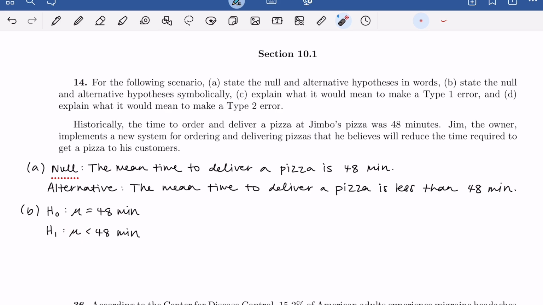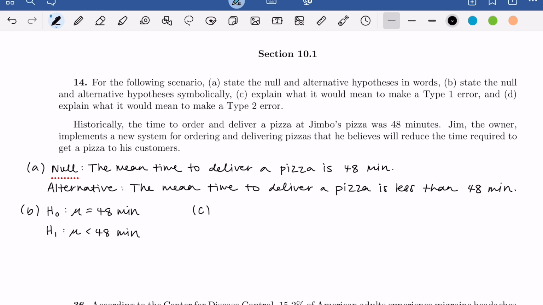Now, for parts C and D, we want to explain what it would mean to make a type 1 and type 2 error. So remember, a type 1 error would occur when we reject the null hypothesis when the null hypothesis is actually true. And then a type 2 error would be that we do not reject the null hypothesis when the alternative hypothesis is true. So with this information, we can write these down here.